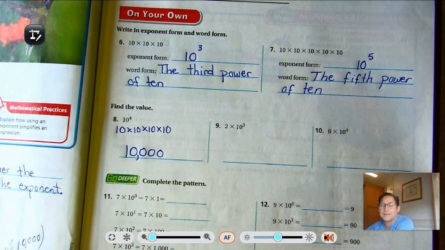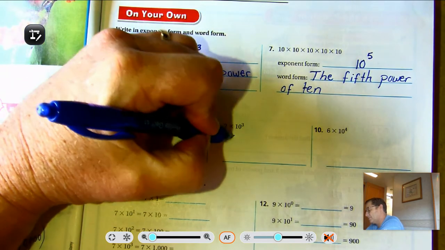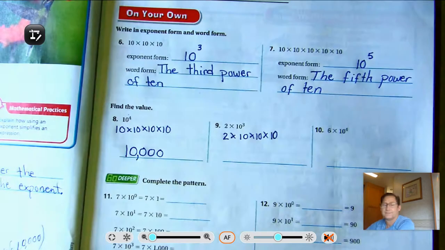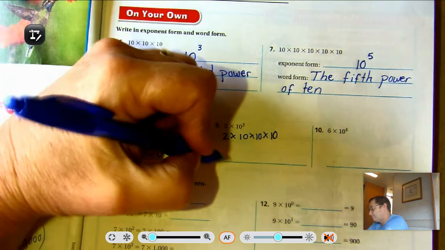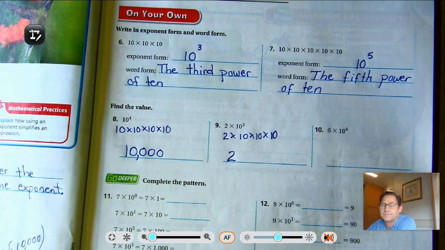2 times 10 to the third power. So that would be 2 times 3 tens. So our answer based on the pattern, remember, is the whole number followed by the same number of zeros as in the exponent.